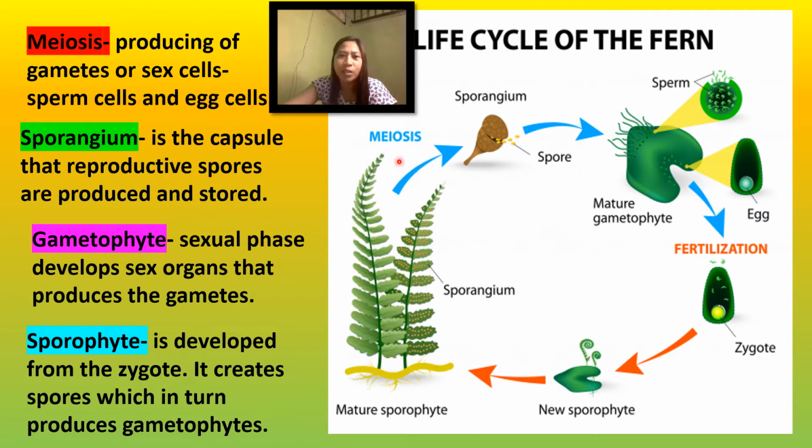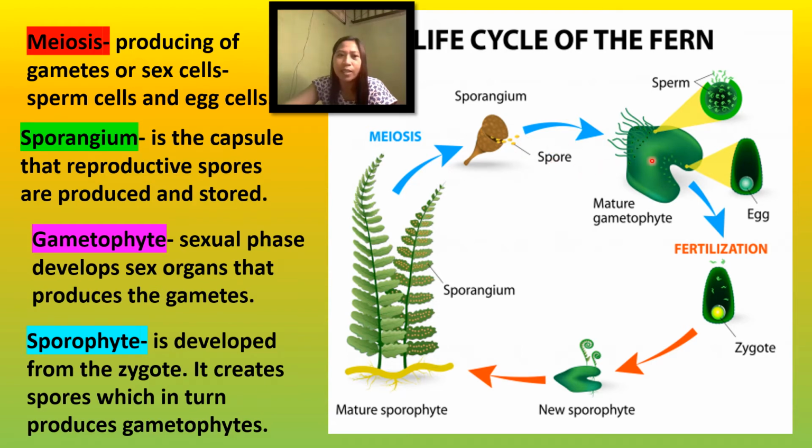The next one is the sporangium, or what we call the capsule, where spores are produced and stored. How will these spores be transferred to the female plant of a fern? Water is needed so that it will swim towards the female fern.